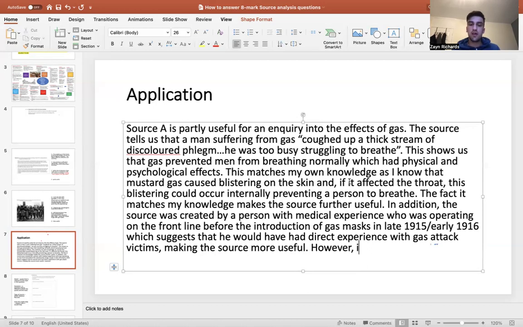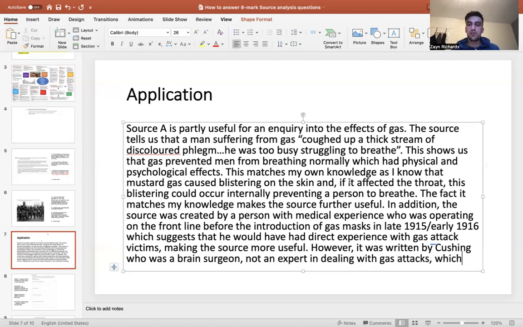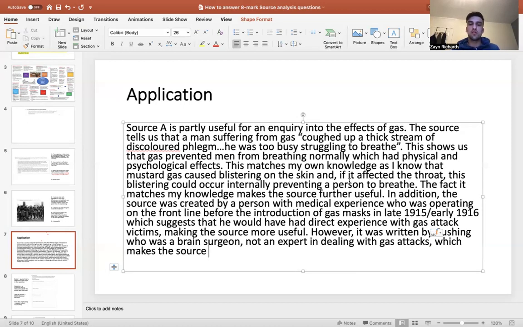However, it was written by Cushing, who was a brain surgeon, not an expert in dealing with gas attacks, which makes the source less useful. Notice how I'm still saying it's still useful, just a little bit less.